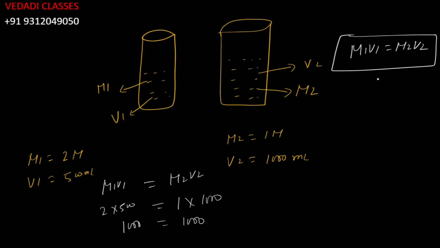So the product of molarity and volume is the same for the same solution. Suppose this is H2SO4, then this is also H2SO4, but it is diluted. That's it. So this is one relationship.